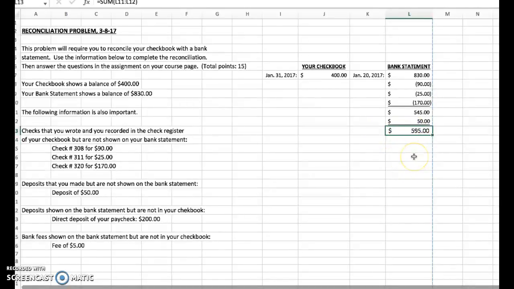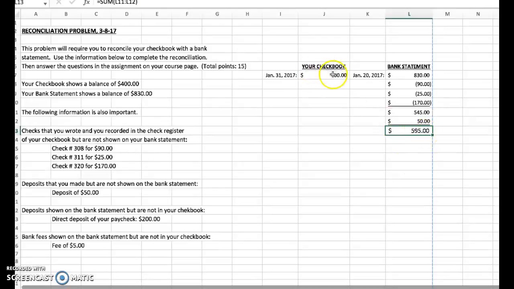This $595 is the final adjusted bank balance. We've subtracted the checks that we know will be cashed, and we've added the deposit that the bank eventually will put into your account as far as your total balance for the bank, giving you $595.